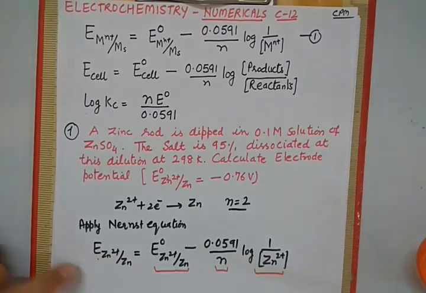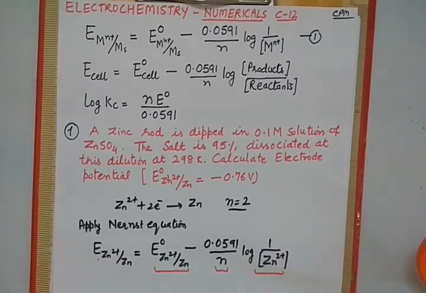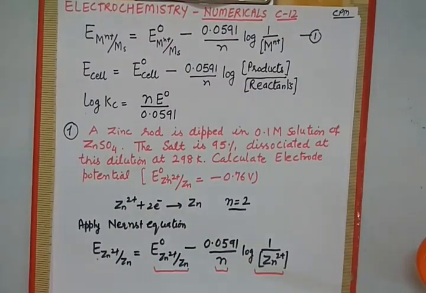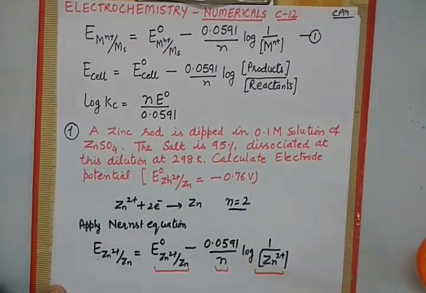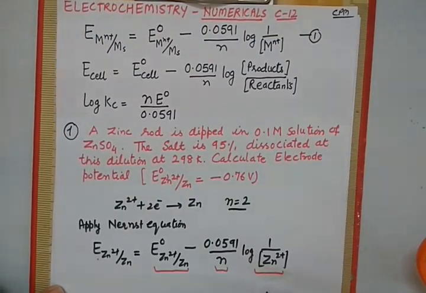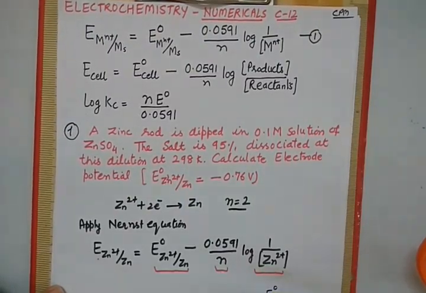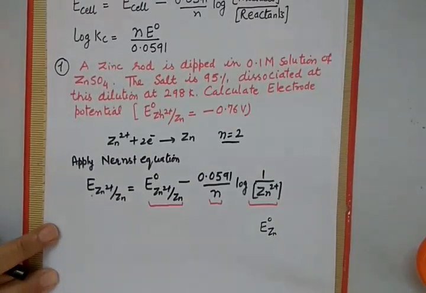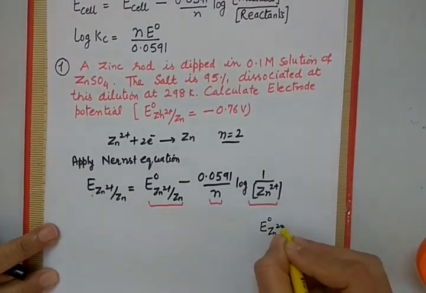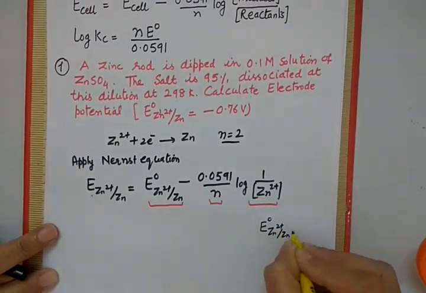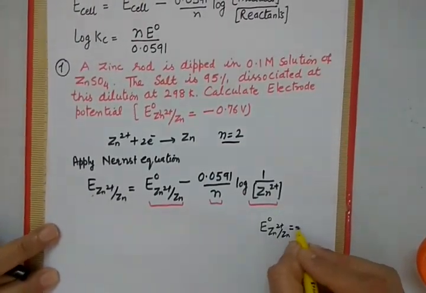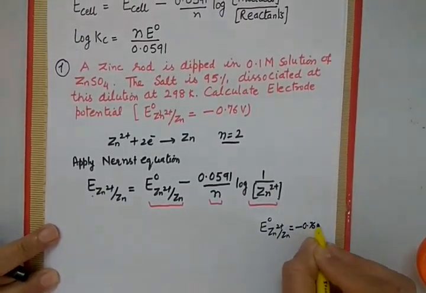Clear? So E naught is given to us, that is E naught Zn2+ | Zn is equal to minus 0.76 volt.